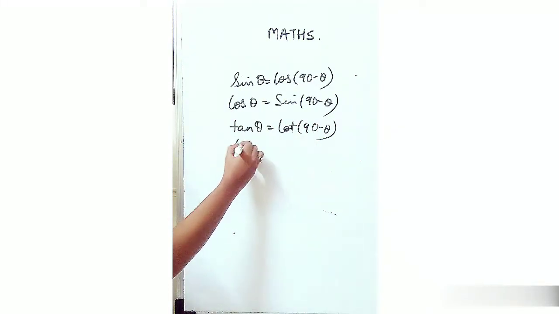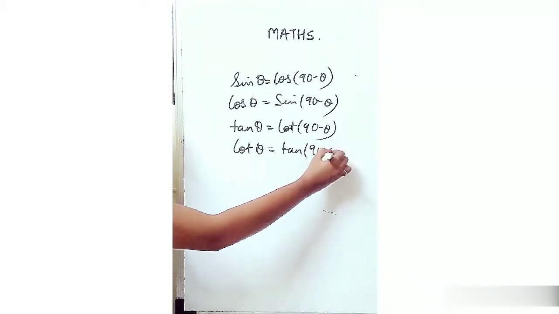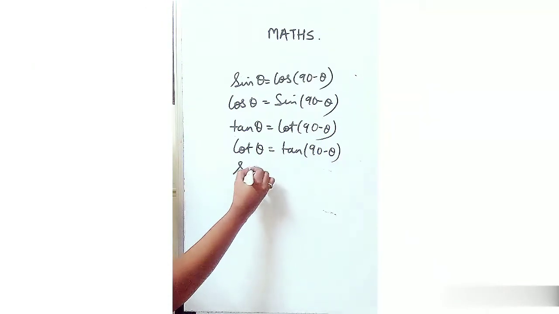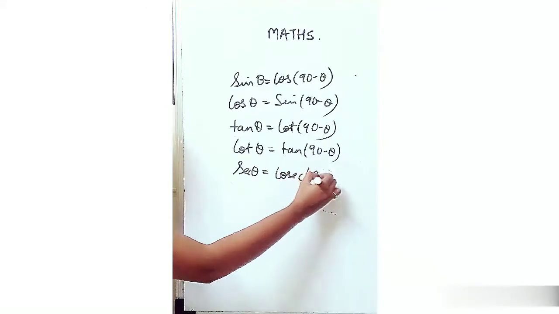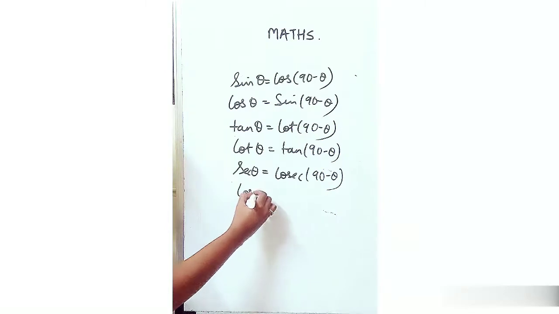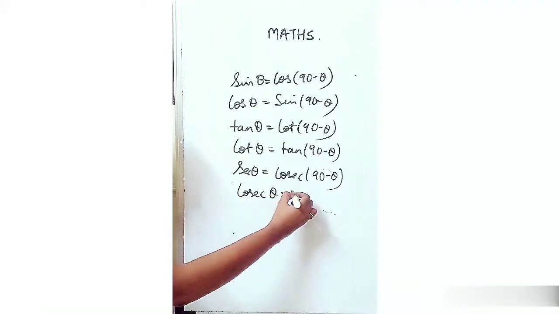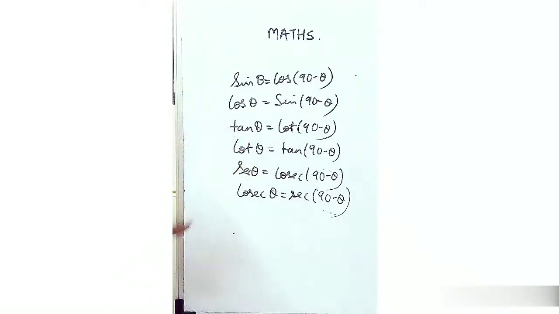It goes the other way: cot theta is equal to tan(90 minus theta). Now, next one is sec theta is equal to cosec(90 minus theta). Now again, cosec theta is equal to sec(90 minus theta). Student, please note down the complementary angles.